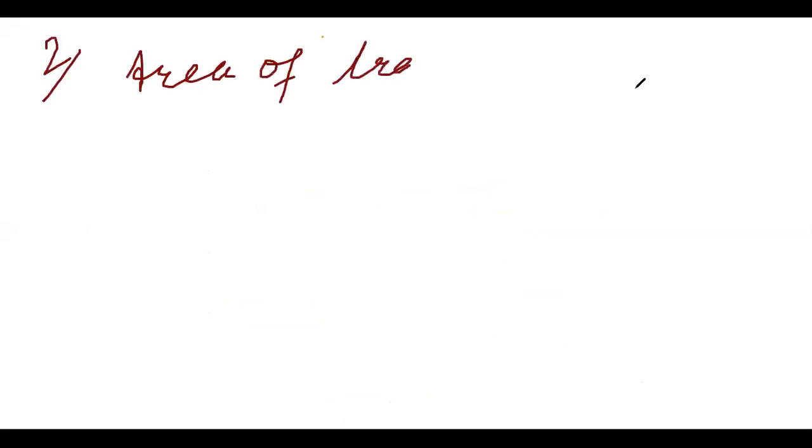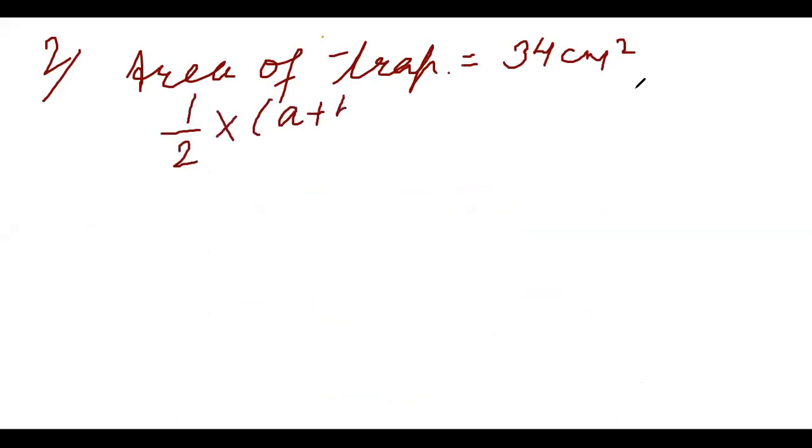So area of trapezium is given here 34 centimeter square. Use the formula here. What is the formula to find out area? Half into sum of parallel sides into height is equal to 34.